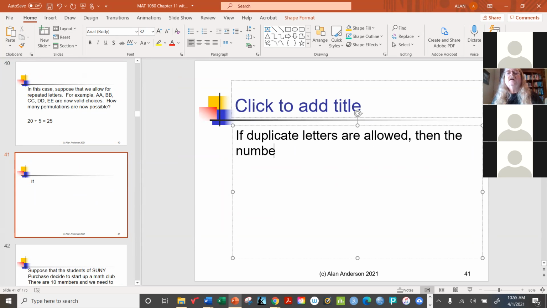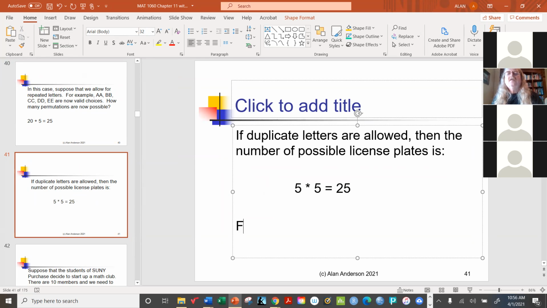Okay, so if duplicates are allowed, then the number of possible license plates is 5 times 5. Okay, in other words, for each letter, there are 5 possibilities.